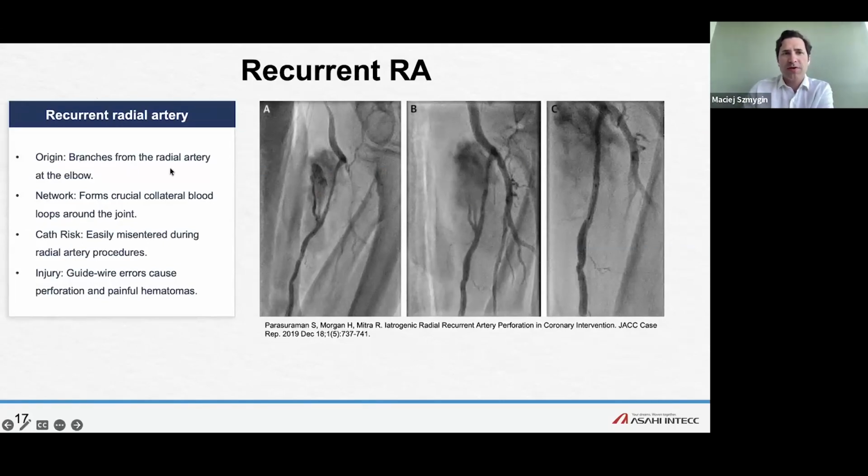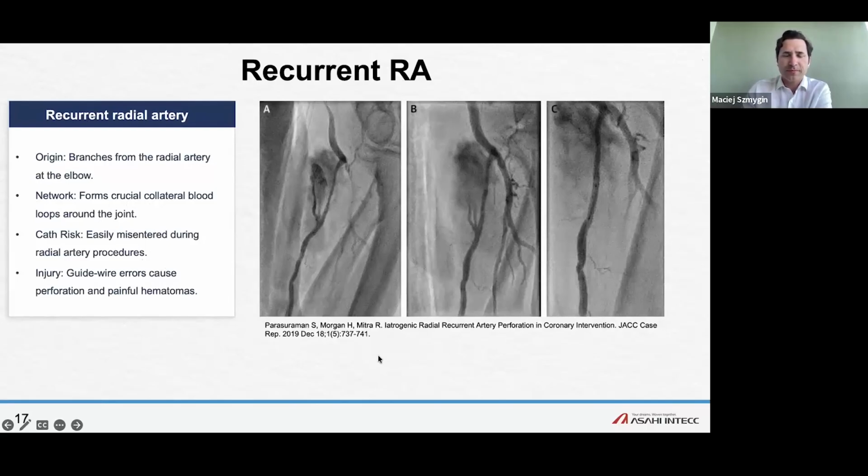It's a branch from the radial artery at the elbow. It forms collateral blood supply that loops around the joint, and it's especially important in case of radial artery access, because you will see that its injury can happen, as in this case.